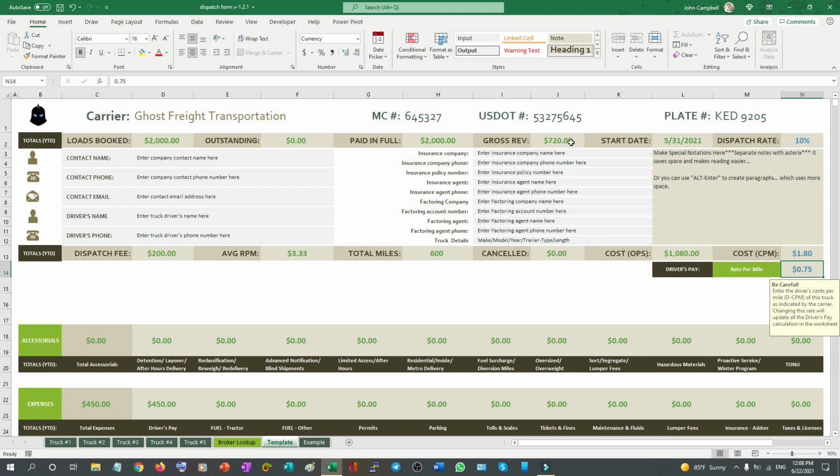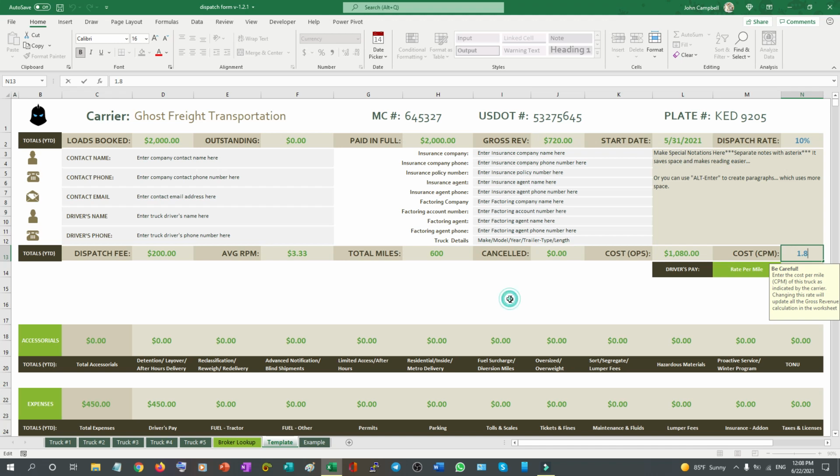That means that your company has made $720 in profit, because you're using your cost per mile calculation that already includes all the extended cost of the company in addition to the actual road cost of running the load.